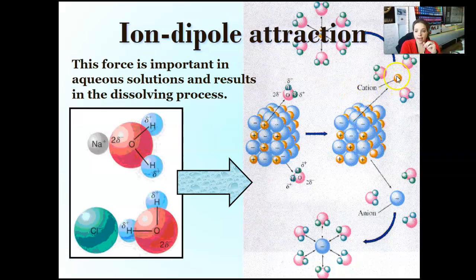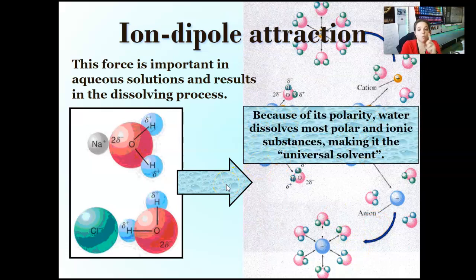So the cation of the ionic is pulled away by the negative oxygen of the polar covalent, whereas the negative anion of the ionic is attracted to the hydrogens of the water. So it pulls it. It doesn't break it. When you evaporate, when you get rid of that covalent water, you're left back with the salt.